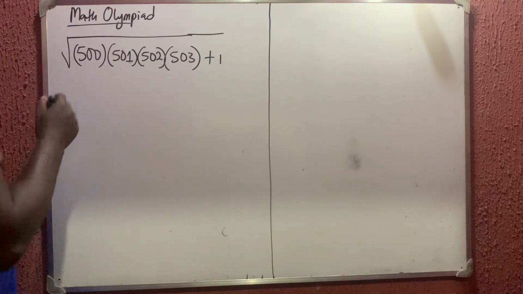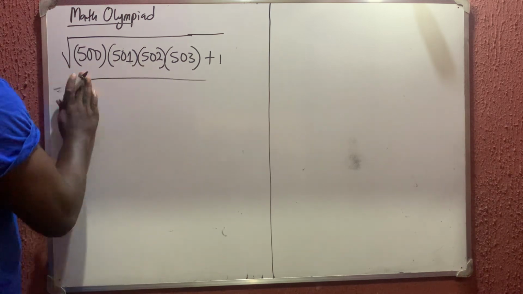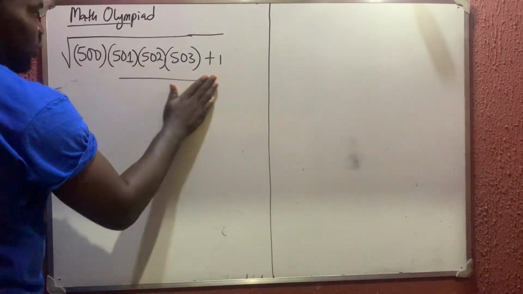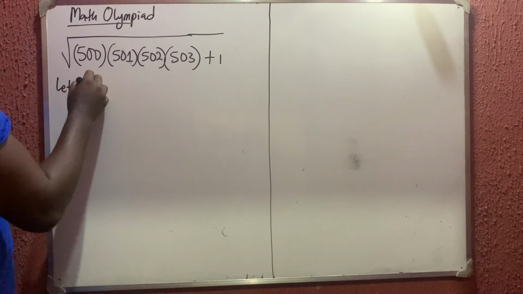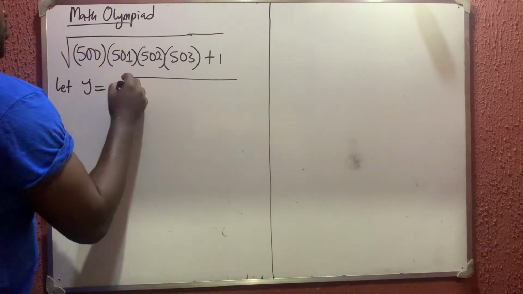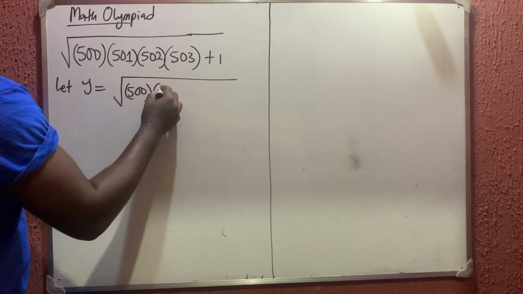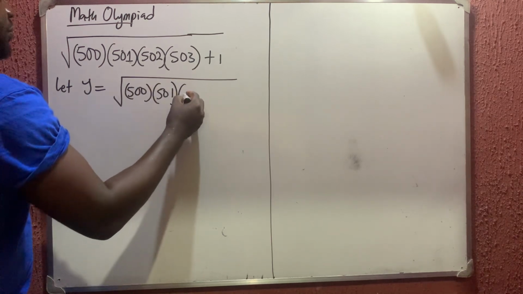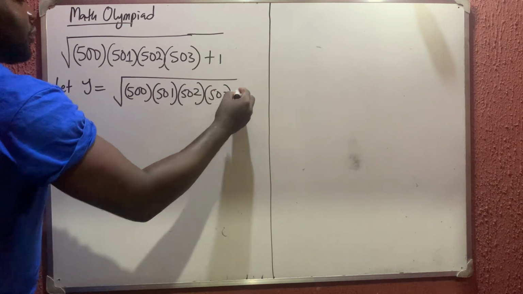It is simple math. Let y be equal to the square root of 500 multiplied by 501 multiplied by 502 multiplied by 503, then plus 1.